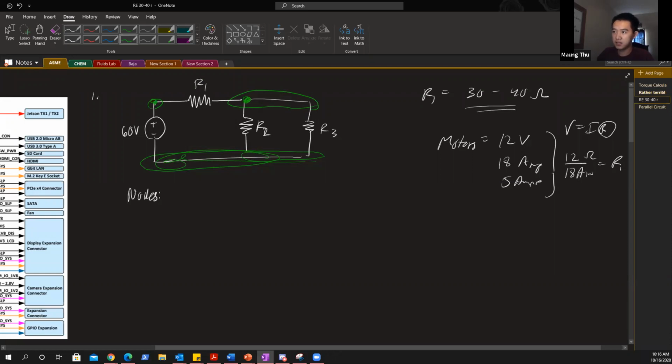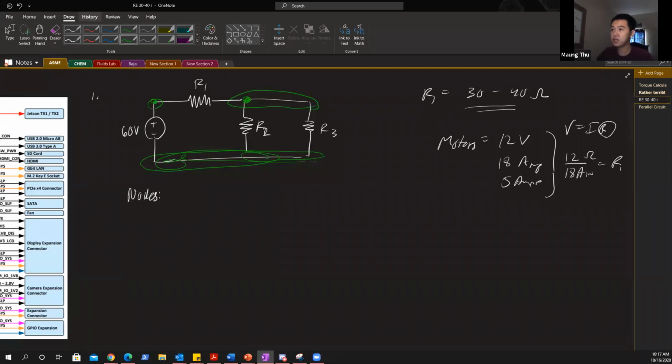At this point, you have two electrical components, the battery and resistor 1. Here you have 3, and over here you have another 3. Those are really important to identify, because if you don't, you're not going to be able to understand how all of these are connected. So that's the first step: identifying your nodes.